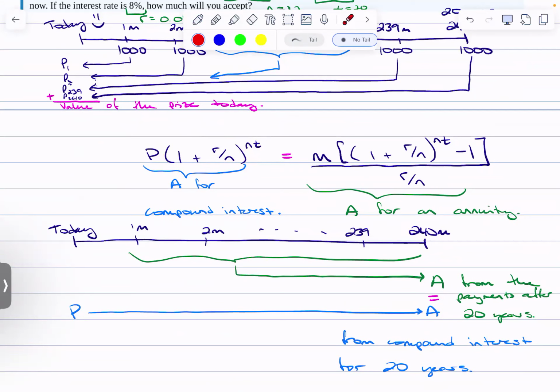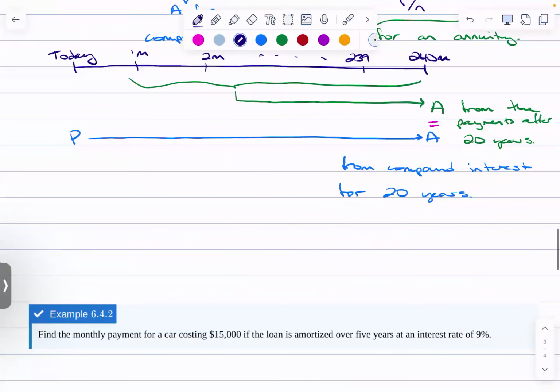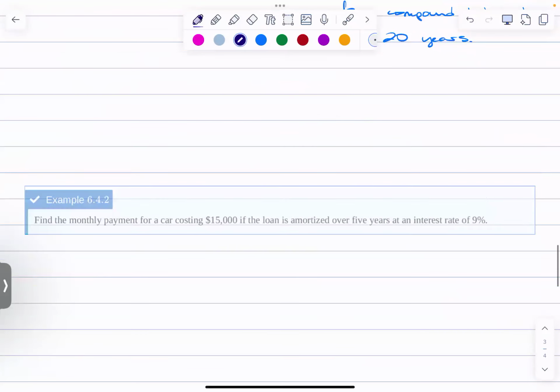We can find 1 plus R over N to the power of N times T, that's just gonna be a number, right? And we have all of these components. So nothing to it but to do it.